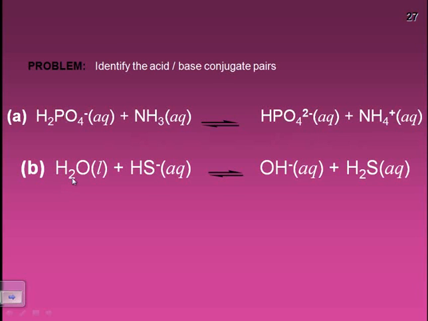Alright, so here we have water. It is donating an H plus, so it's acting as an acid here, and this becomes its conjugate base. And we have HS minus. It is picking up the hydrogen, so it is acting as a base here. And now that it has the H picked up, it's a conjugate acid because it's available to lose the H plus.